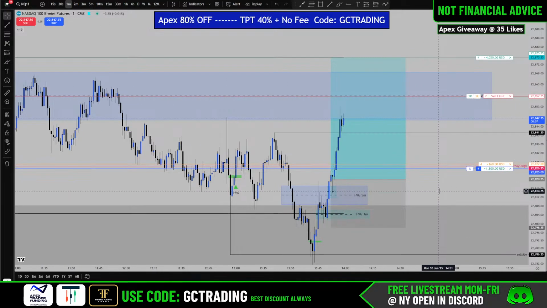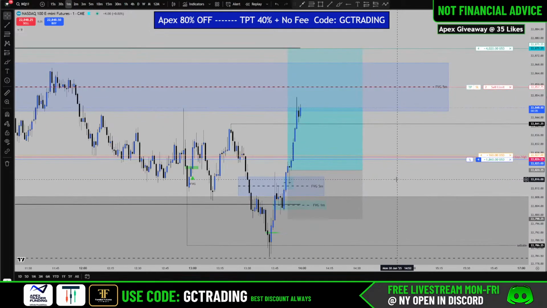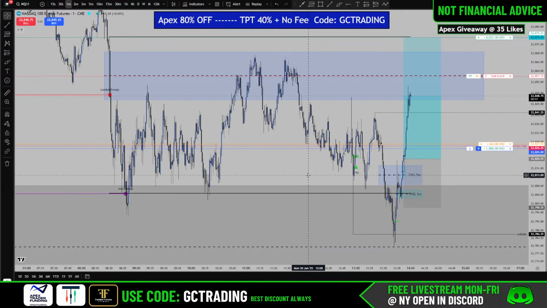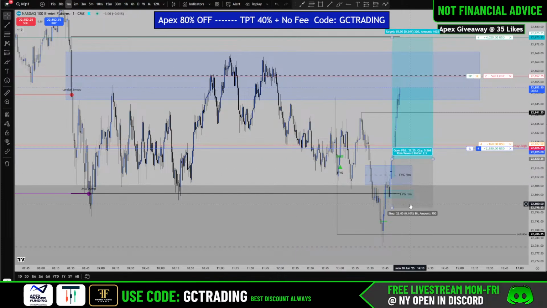But I'm glad we recognized this. This is a very good practice trade, where we recognize that price is accelerating, and we got in on the best move of the day. So that's very solid.